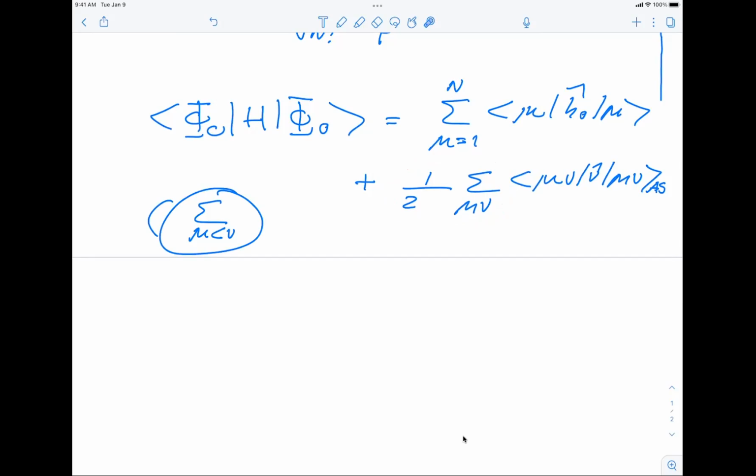So when you sum without restrictions, you're actually doing some doubling, which is not very efficient computation. But sometimes you will be surprised, and this was a big disappointment on my side when I first did it. I've been doing many-body perturbation theory for many years, and coupled cluster theory.